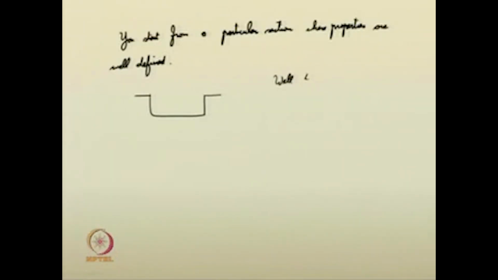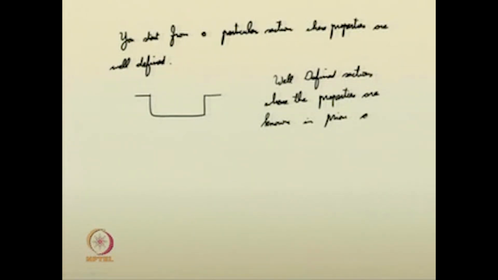So, such well defined sections where the properties are known in prior are called control sections.